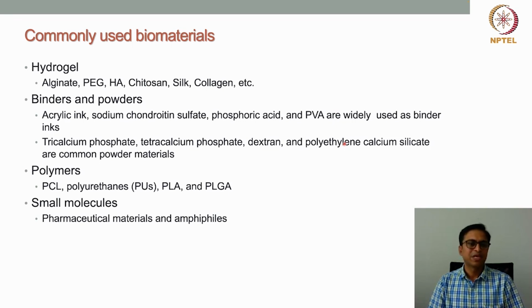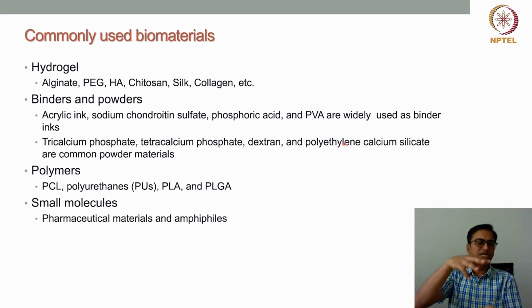Right. The next class of materials are the binders and powders. This inkjet printing technology can also be very well used for making structures with a powder bed. Suppose we make a powder bed first, and then with the inkjet printing head we spray the binders. What will happen?